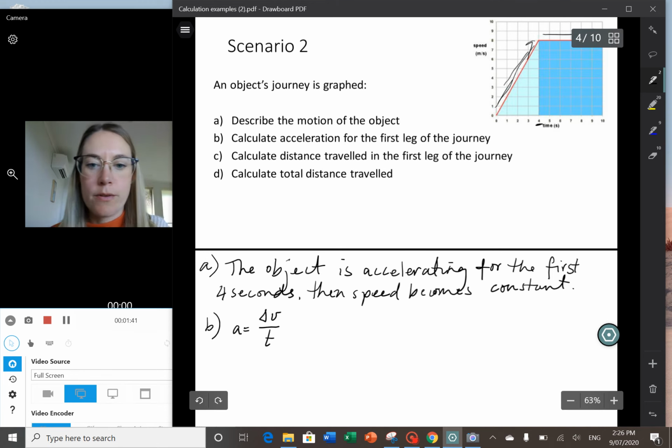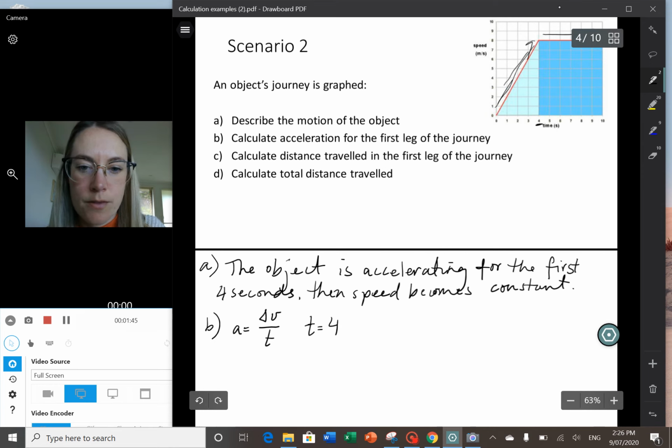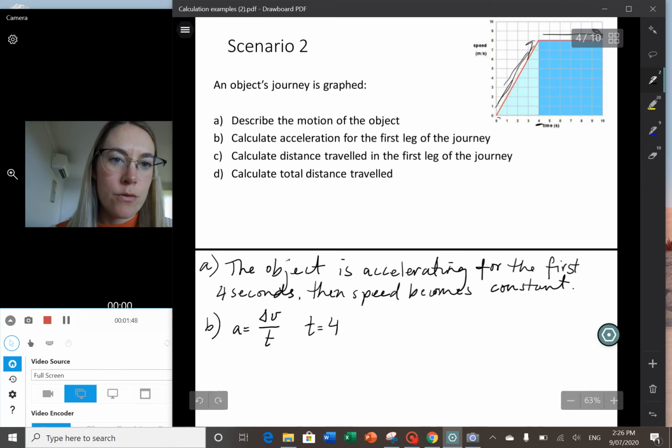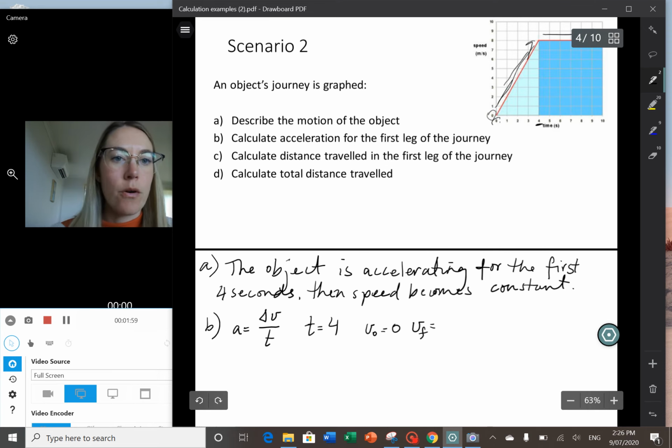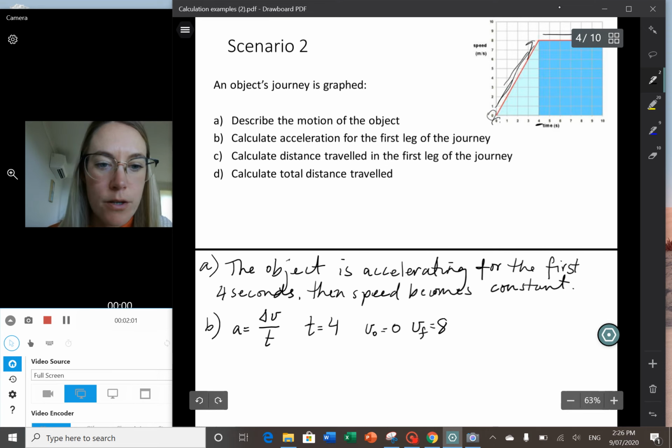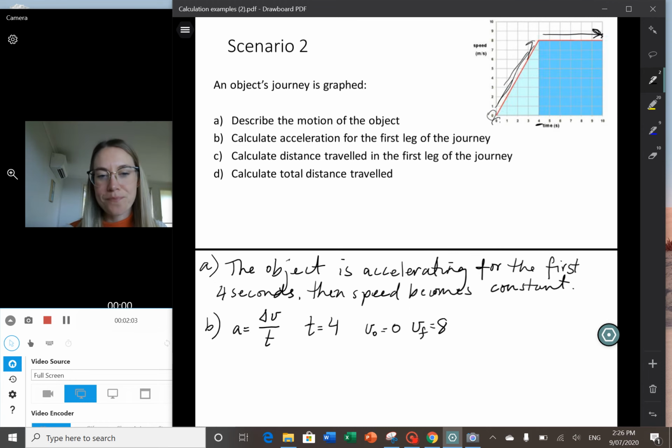So time is going to be equal to 4 seconds. Our initial velocity is going to be 0. And our final velocity is going to be equal to 8. I should say speed, not velocity.